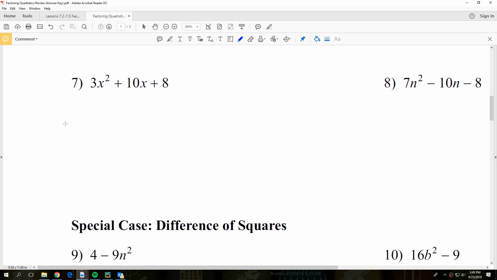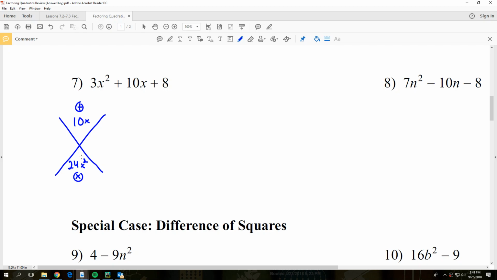All right, so let's create our x here. If I take the first term times the last term, that's 3x squared times 8, which is 24x squared. I always put the times there to remind myself. Then the middle term is just 10x, and that's the addition to remind myself again. Concern yourself with the numbers first; I'll put in the x's later.